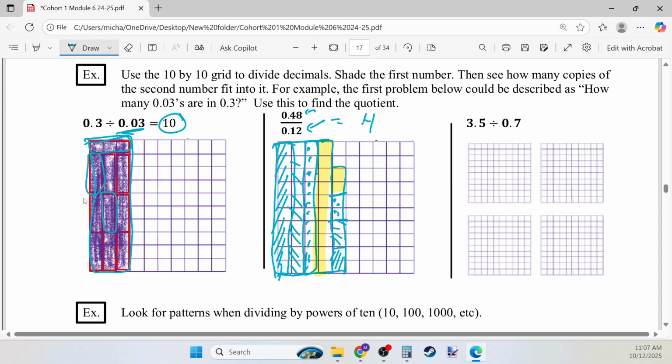Now, if I want to do this using long division, the easiest way is to move this decimal point away. I don't want to have a decimal point at all in the outside number, the divisor.